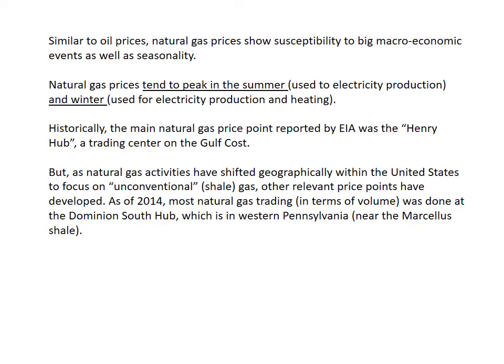And so in recent years, actually most natural gas trading was done at the Dominion South Hub, which is in western Pennsylvania. And so the balance of power in terms of the sort of correct price to use in terms of representing what the price of natural gas is in the United States is shifting away from the Gulf Coast towards other areas because of fracking.